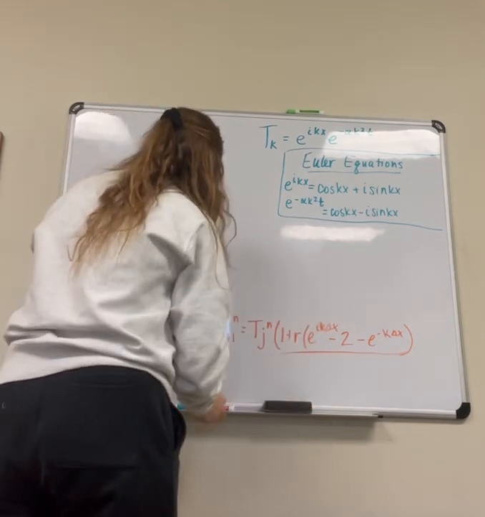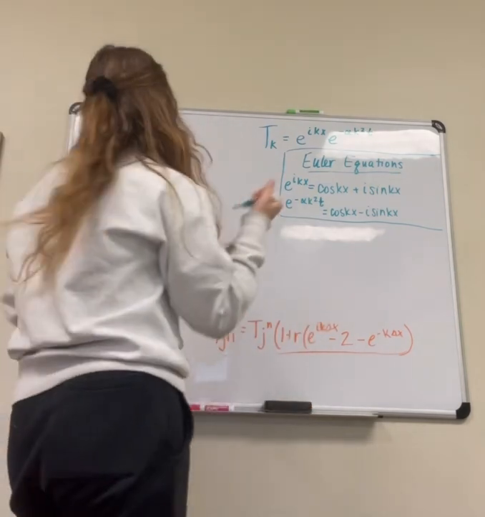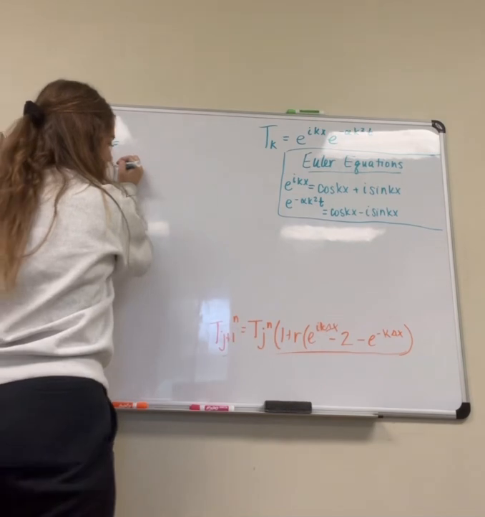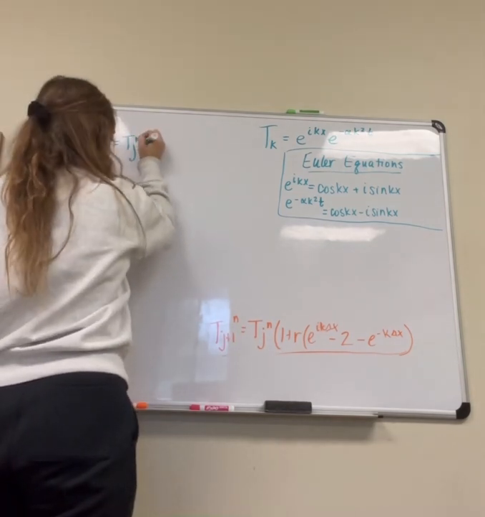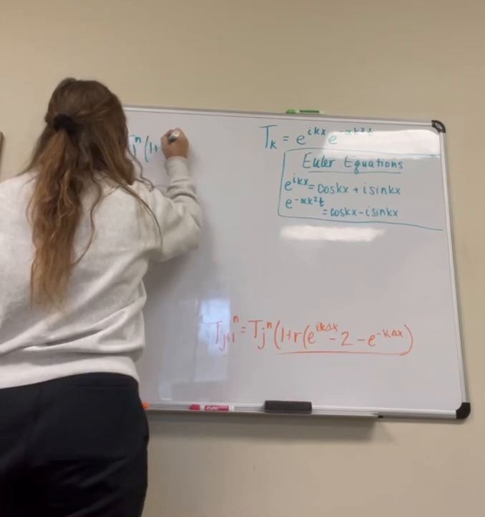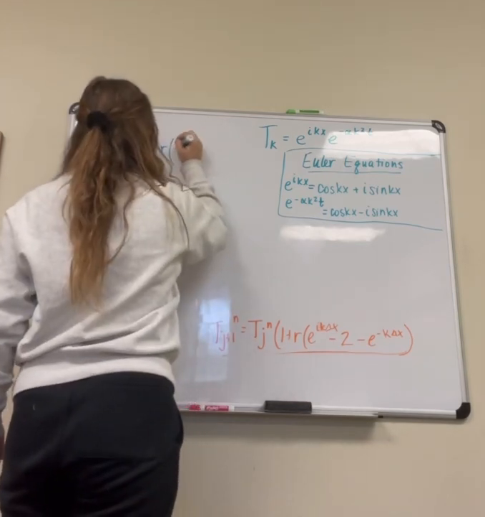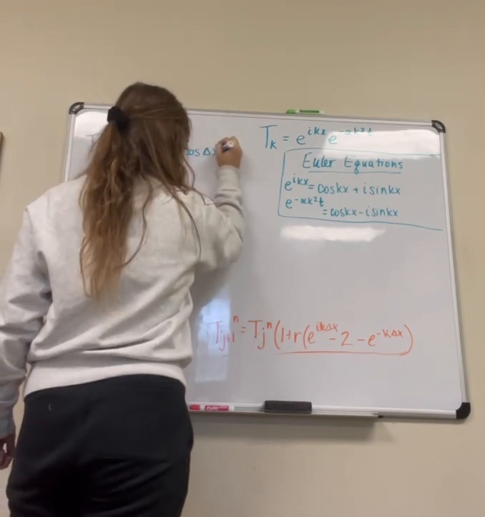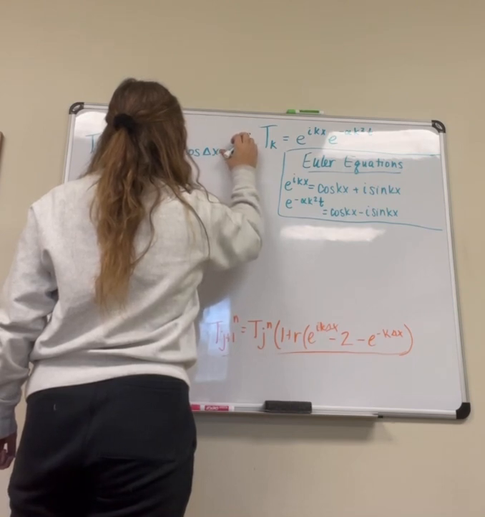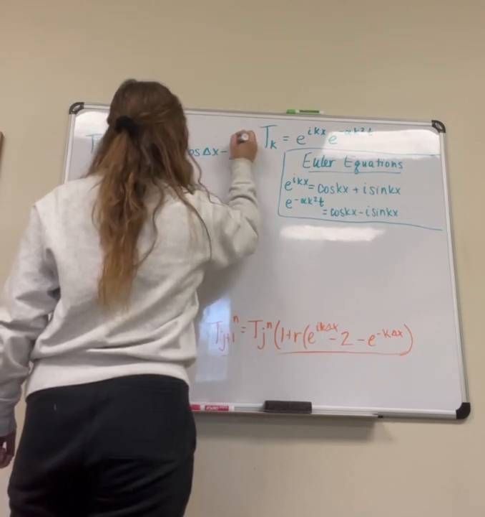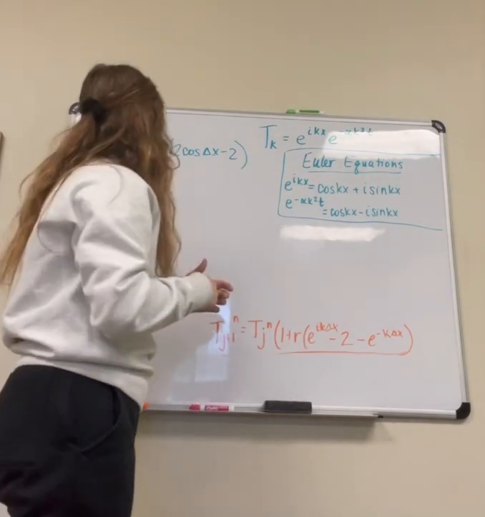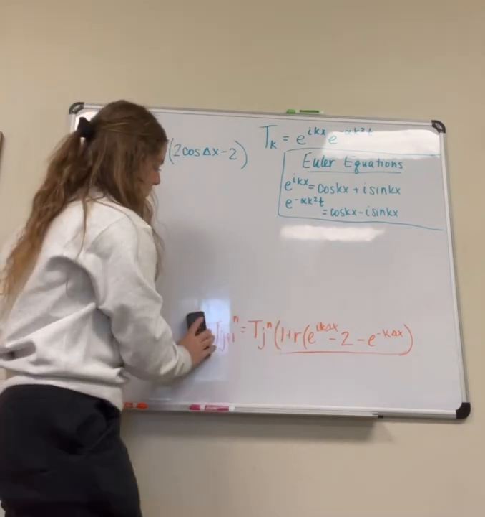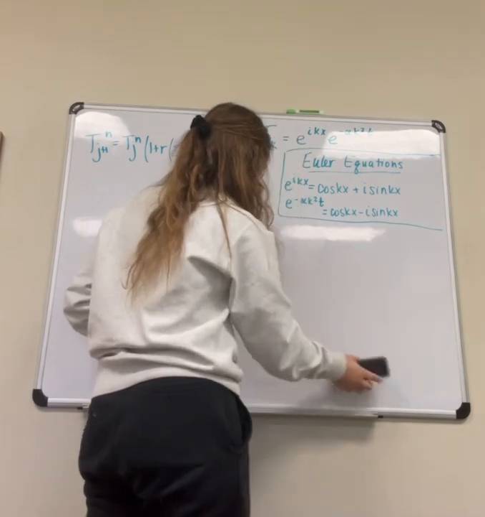Okay, so we are able to plug in our Euler equations, and that's going to simplify down to 2 cosine change in x. And that's because the signs cancel out there. So now we have this, and so I'm just going to erase this down here.